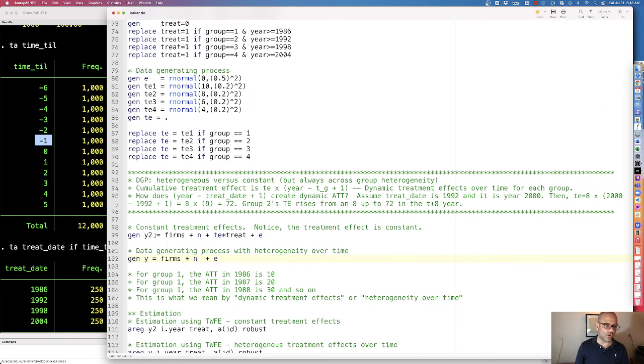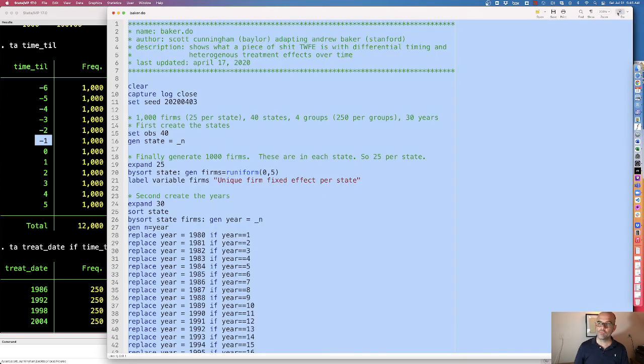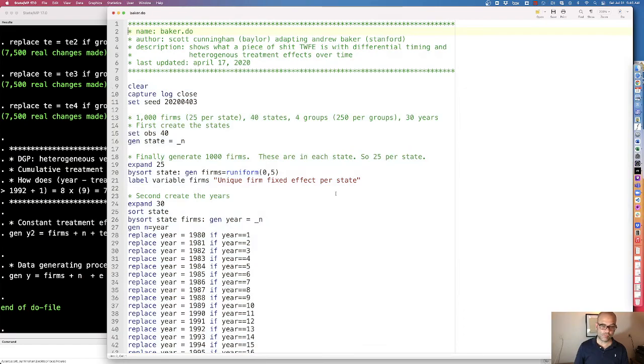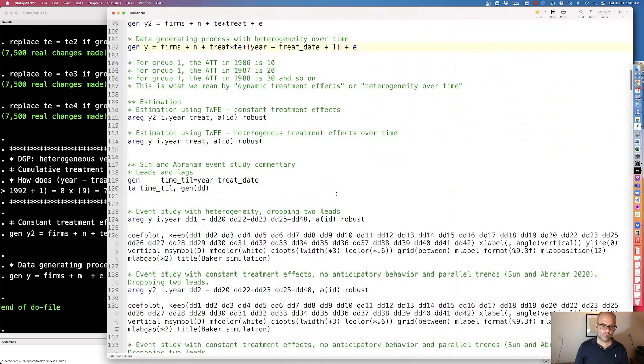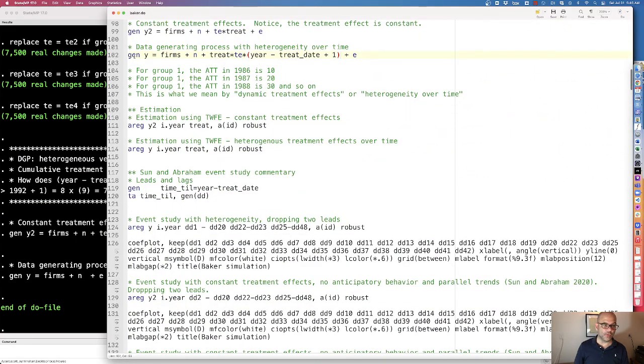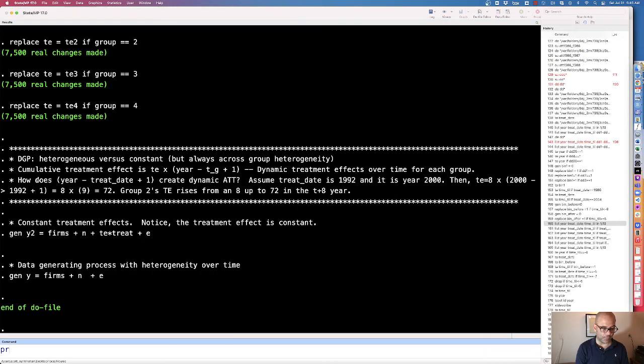Okay? So you could run this. And then you would say predict y hat if treat equal 0.